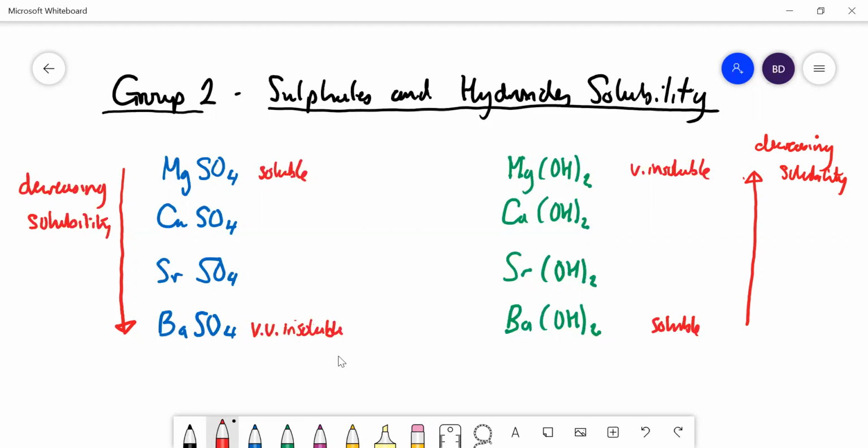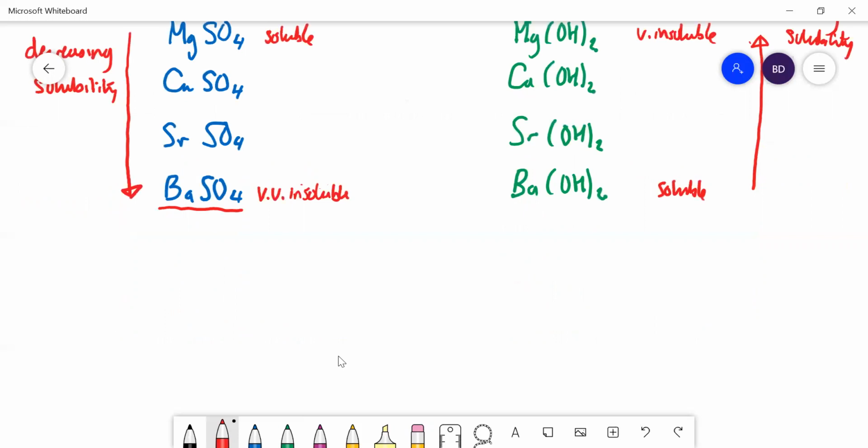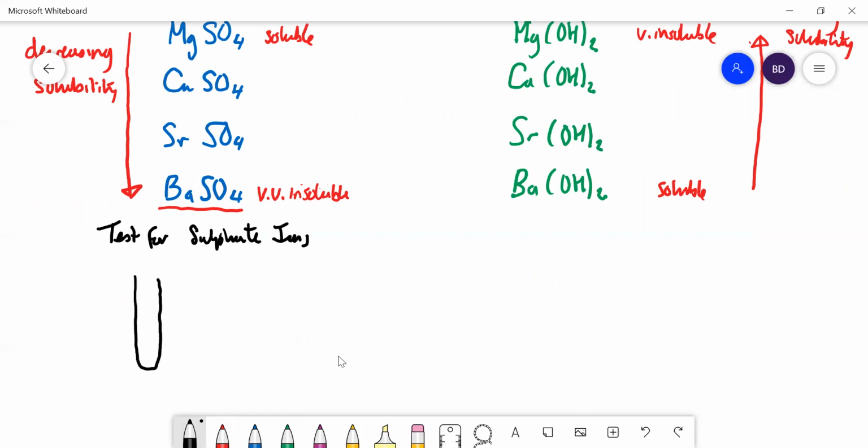Now, the insolubility of barium sulfate is used to test for sulfate ions. So, test for sulfate ions. You've got your sample that you think might contain sulfate, and first of all you need to acidify that to avoid false positives.